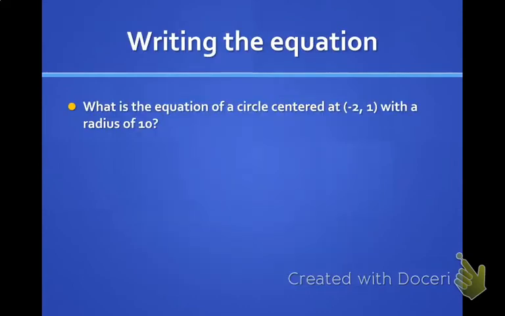So let's try writing an equation. What's the equation of a circle centered at (-2, 1), with a radius of 10? This is our standard form of our equation. We should start with this. We know that r equals 10. We know that h equals -2 and k equals 1.